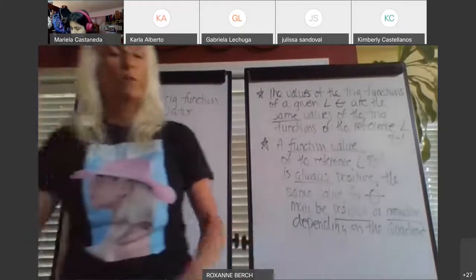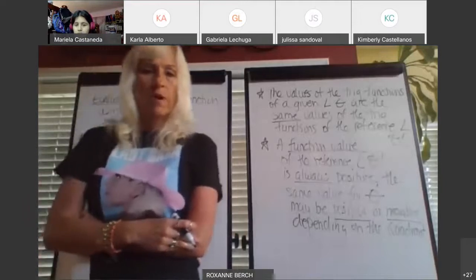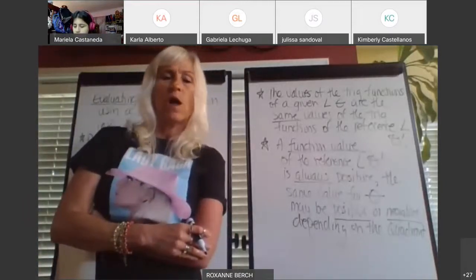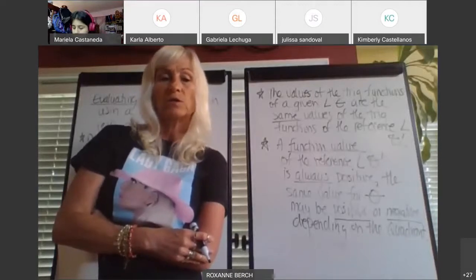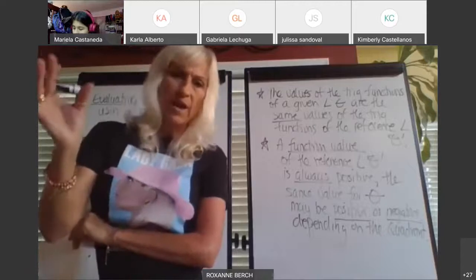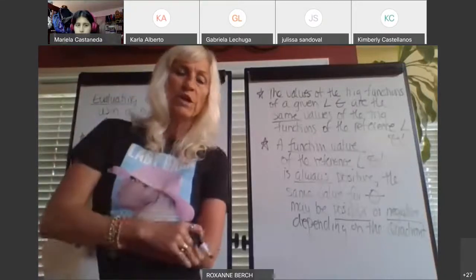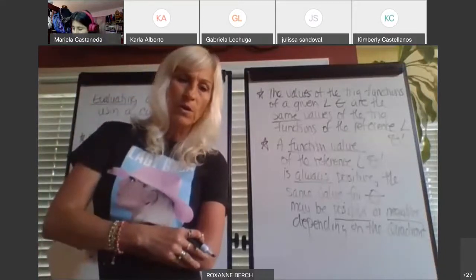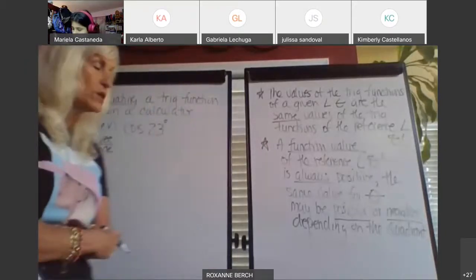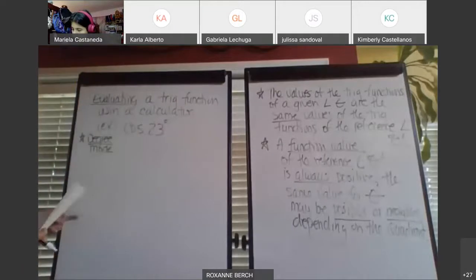What always happens is people get all the wrong answers because they're in the wrong mode on the calculator. So I'm just warning you now, make a note, highlight it, put it in red, make sure you're in the correct mode when you're using the calculator. You're not used to doing that, but you have to get in the habit now.